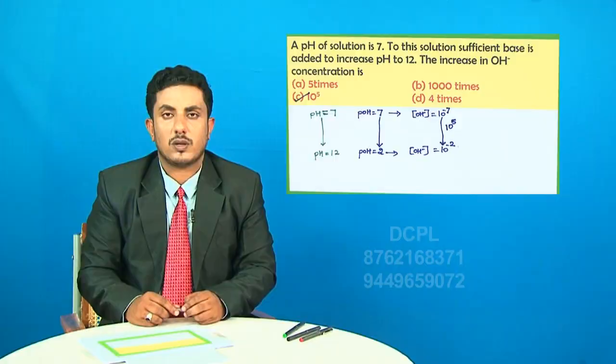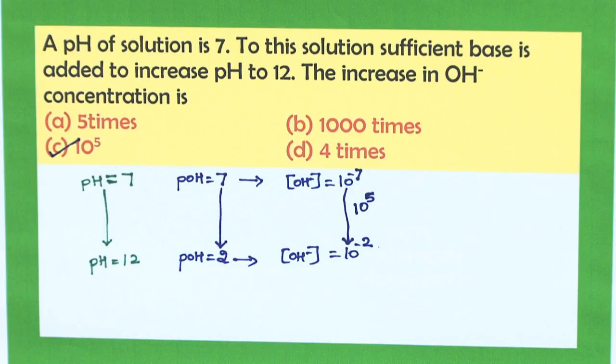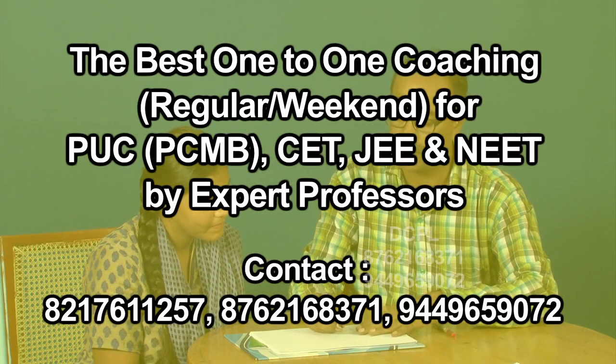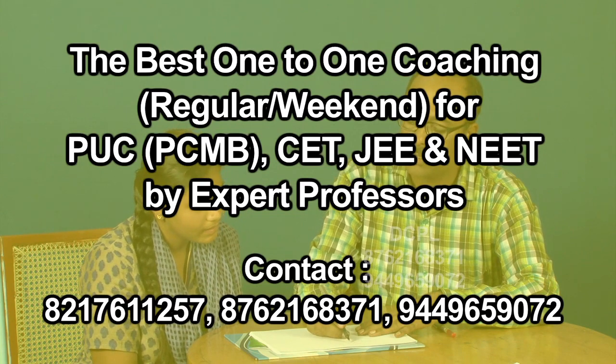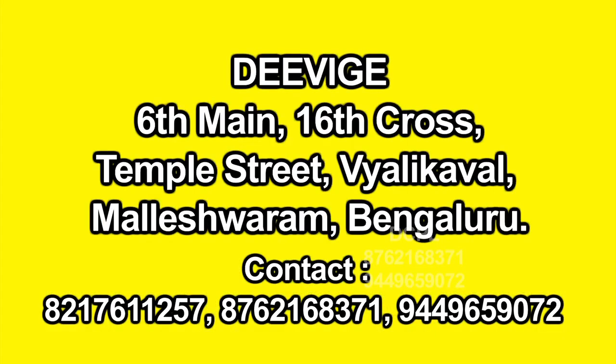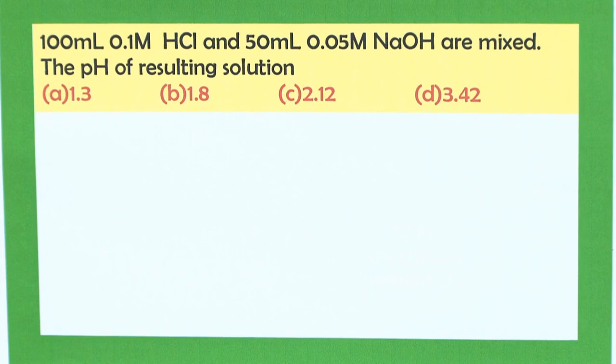Students, let's discuss the next question. 100 ml of 0.1 molar HCl and 50 ml of 0.05 molar NaOH are mixed.